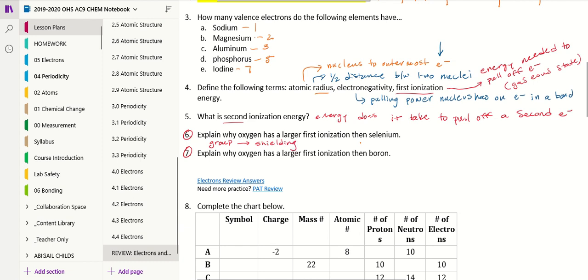So comparing oxygen to selenium, does oxygen have more or less shielding than selenium? Oxygen is higher up on the periodic table, so it has less shielding. So it has a better hold on its electrons, and it has a higher first ionization energy.